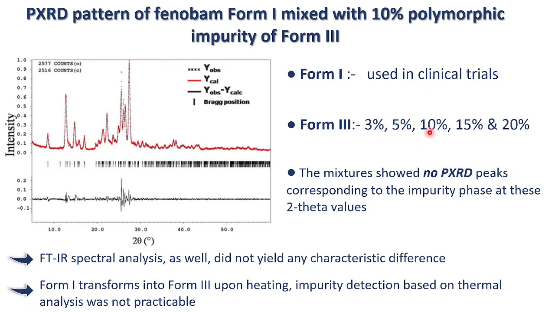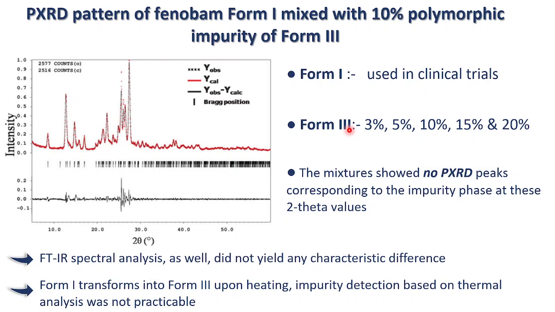We took the PXRD pattern, but the problem is that the mixture showed no PXRD peaks corresponding to the impurity phase. When we plotted intensity versus 2 theta, there were no peaks corresponding to the impurity.